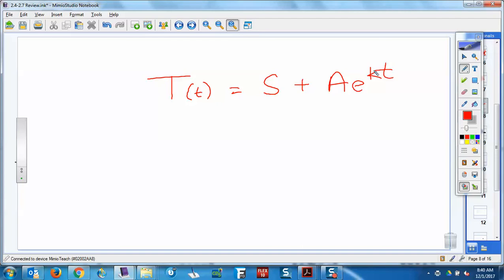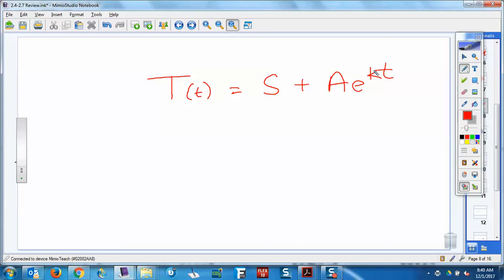Now, if I tell you that the initial temperature of the coffee is 180 degrees, does the 180 go in for A? It does not. So that's another danger. I just don't want you to think that this number here is always the initial value. It's not.